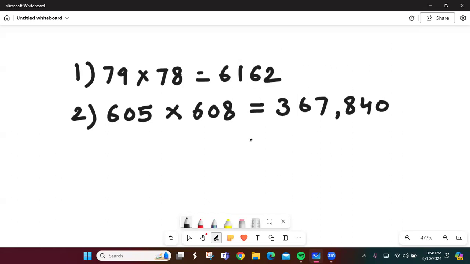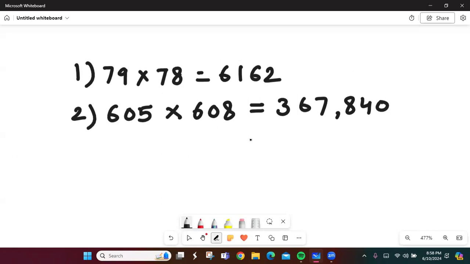Take the non-standard base as 610 and standard base as 10. And try this particular sum.